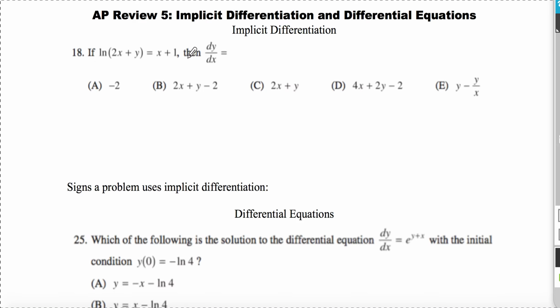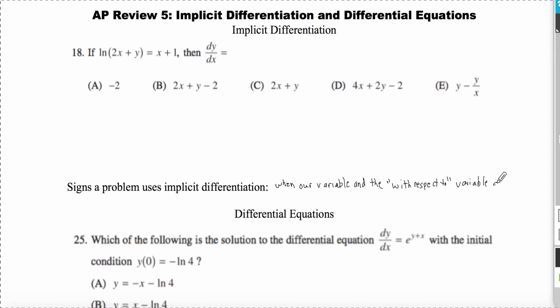Implicit differentiation, here's maybe one way we could write about this. A sign that we need to use implicit differentiation is when our variable and the with respect to variable are mixed together.